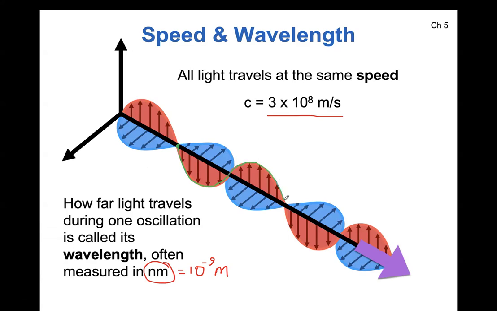So it can be represented by a sine or cosine. Not responsible for that, but that helps if you're wondering what this shape is. And so this right here would be one full wavelength in terms of this length along the axis. If I was interested in how long it was in the direction that it's traveling, that would be one wavelength. So that distance right there.